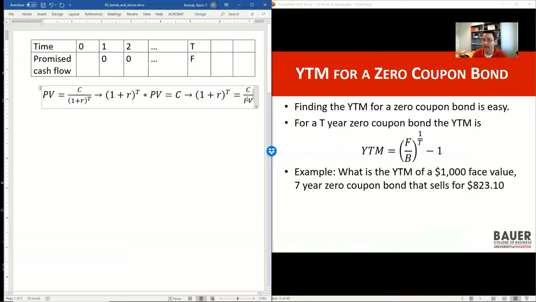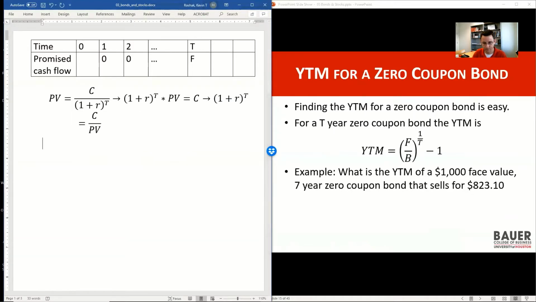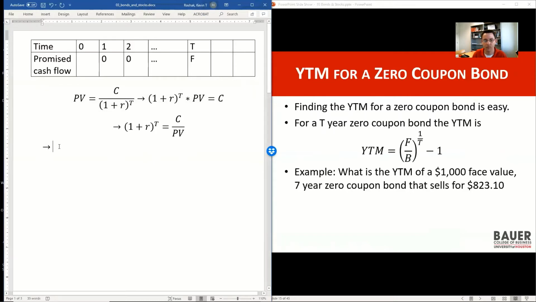Okay, so let me show you that. So we had 1 plus R to the T, and further we're going to raise that entire thing to the 1 over T power.